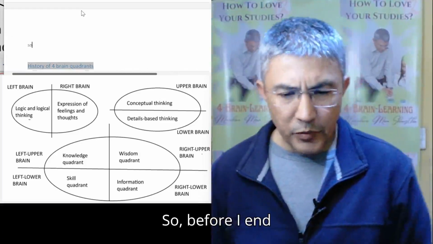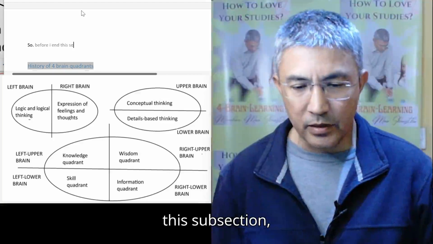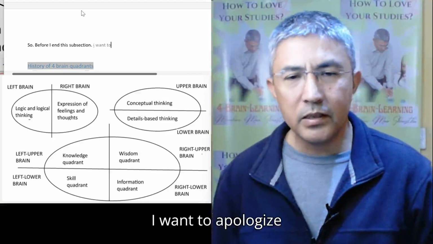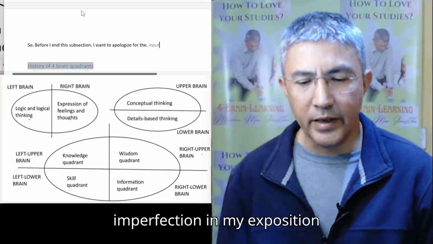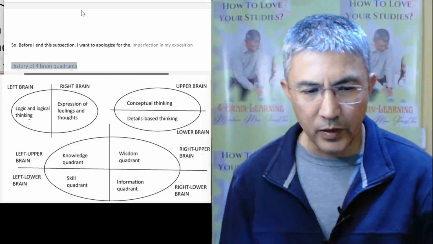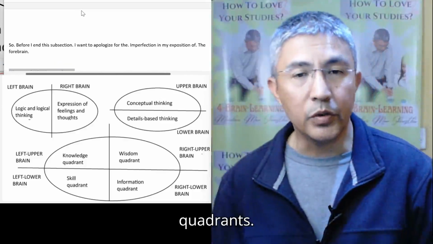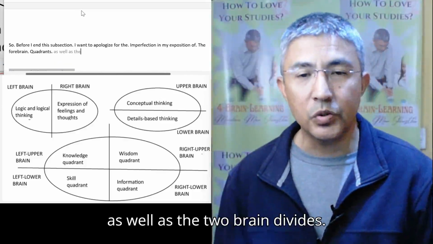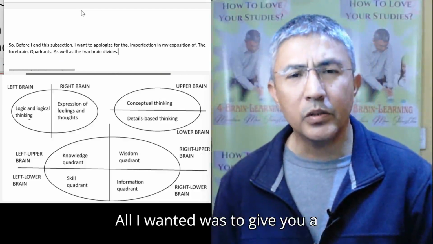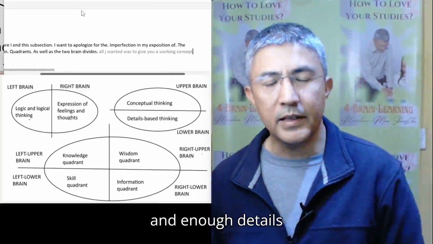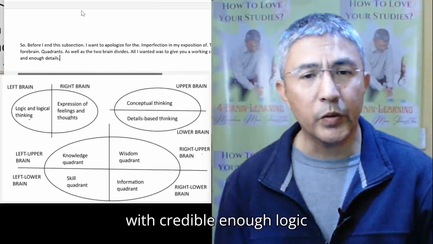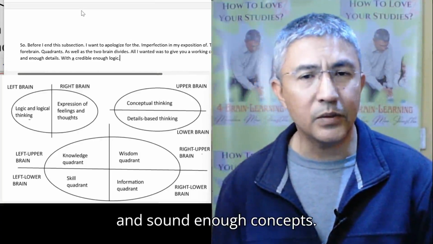So, before I end this subsection, I want to apologize for the imperfection in my exposition of the four brain quadrants as well as the two brain divides. All I wanted was to give you a working concept and enough details with credible enough logic and sound enough concepts.